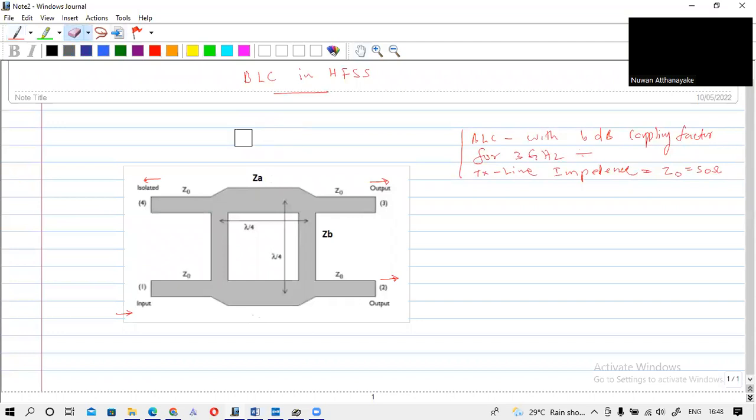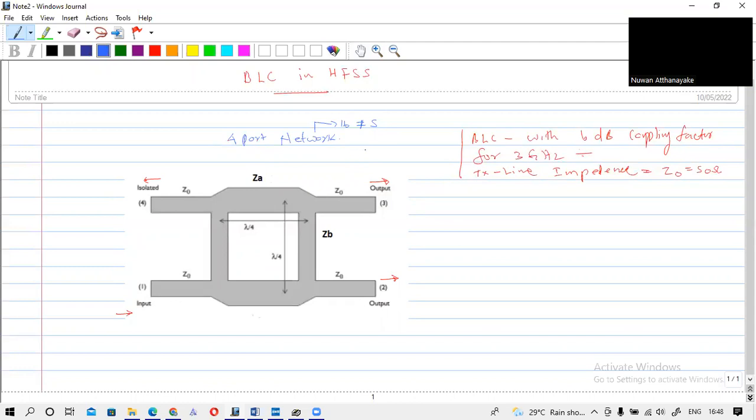For a 4-port network, we have 16 S parameters. I think you already know what S parameters are and how we can measure them.